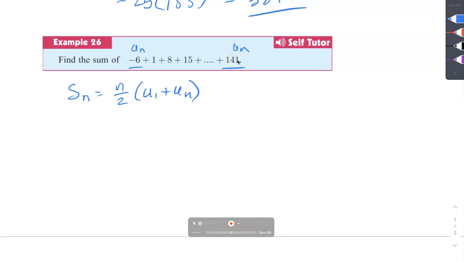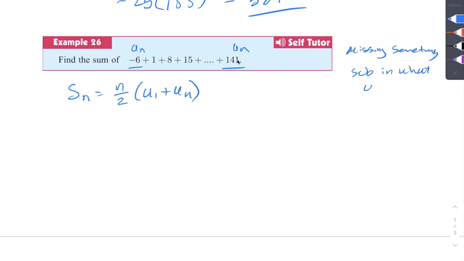So here's my general rule. If you're missing something, plug in what you have into the general formula, which is this guy.